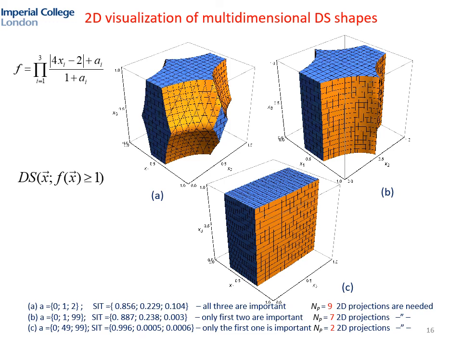In the third case, only the first parameter is important, and we need only 2 2D projections. And it clearly can be seen from these plots that indeed, depending on values of parameter a's, 2D shapes can be either identical in some projections or different.